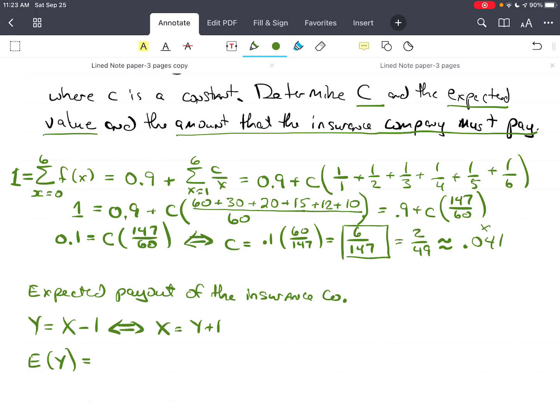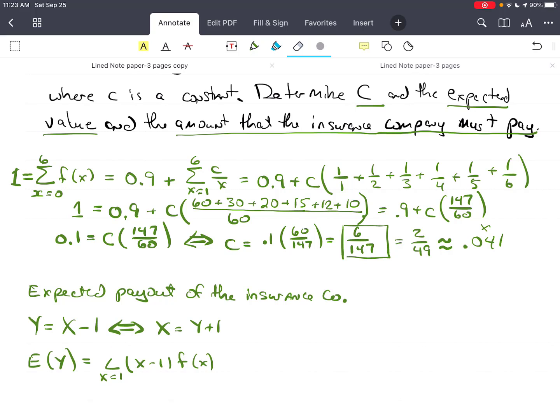And this is going to be the sum of x minus 1, that's what y is defined as, times f of x from x equals 1 to 6. Okay? So x equals 1 to 6. Now, this is one way you could do this. But I prefer that we make substitutions and do this correctly.